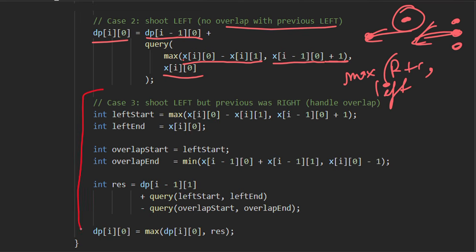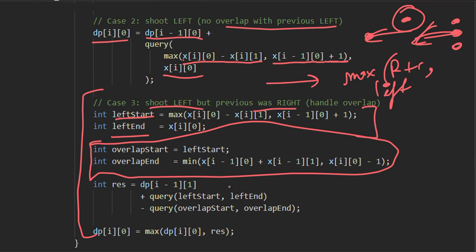Then the third case is where the current robot shoots in the left direction but the previous shoots in the right direction, meaning overlapping will be there. So we find the left end of the current, and then we find the overlapping range.